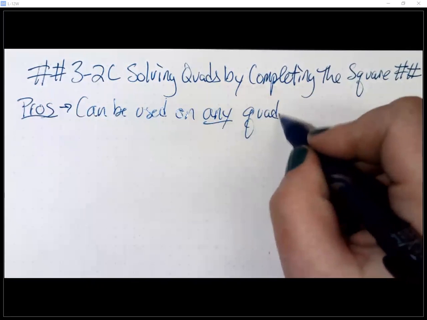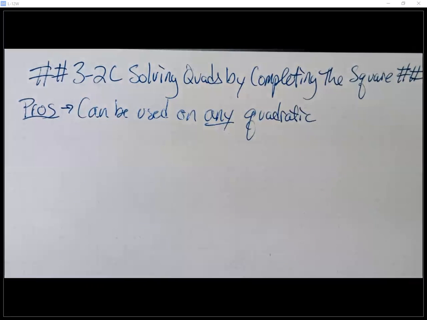I did it today. Okay, so completing the square.